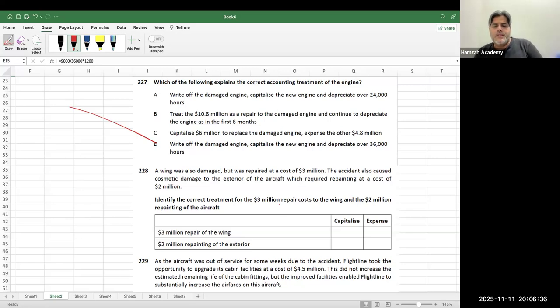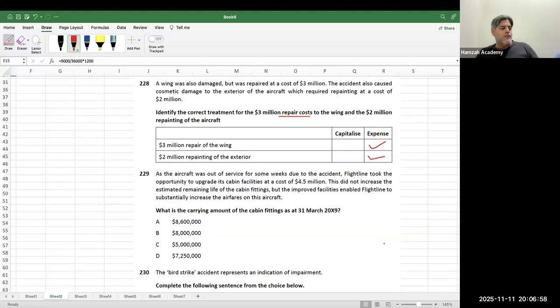As far as the repair is concerned, it is going to be an expense over here. Then we have the 2 million repainting of the exterior. This has to be an expense as well, right? So both of these are going to be expenses over here.